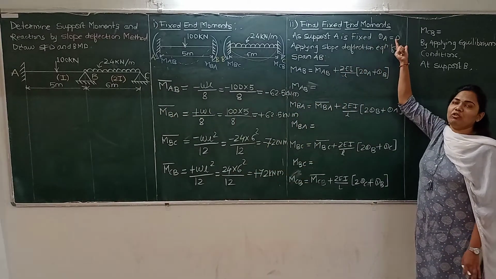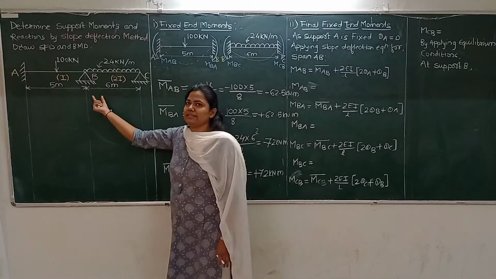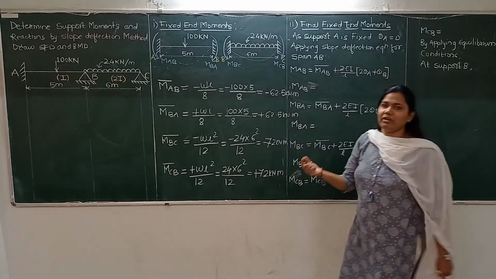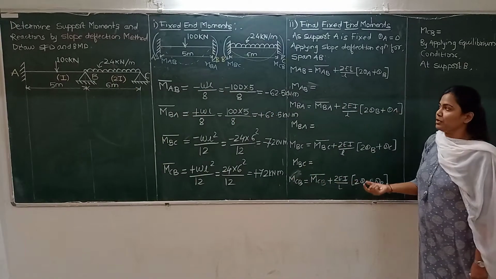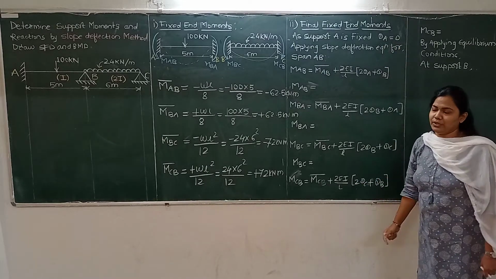That is, theta A will be equal to 0. But if you see B support and C support, the B and C supports are hinge supports, so the slope will exist at B and C. So theta B and theta C will exist, but theta A is equal to 0.